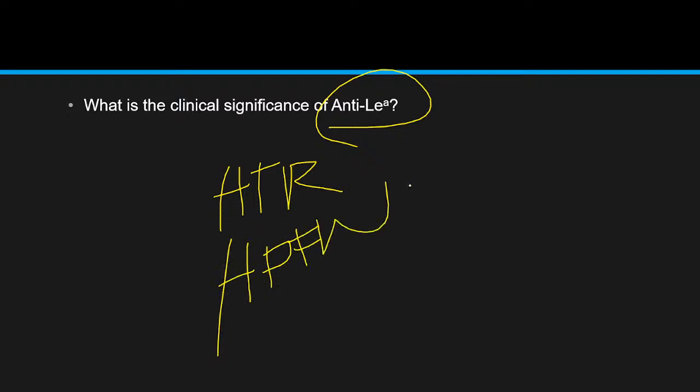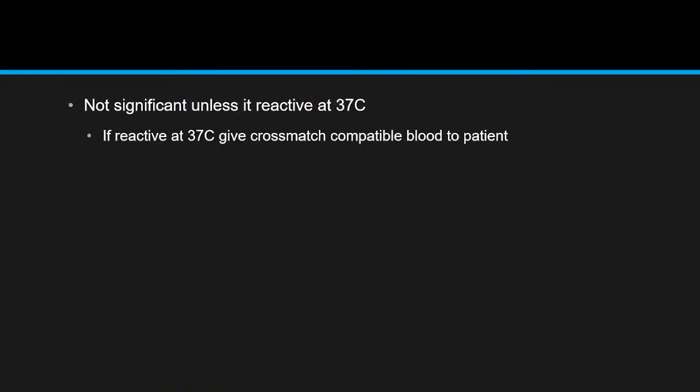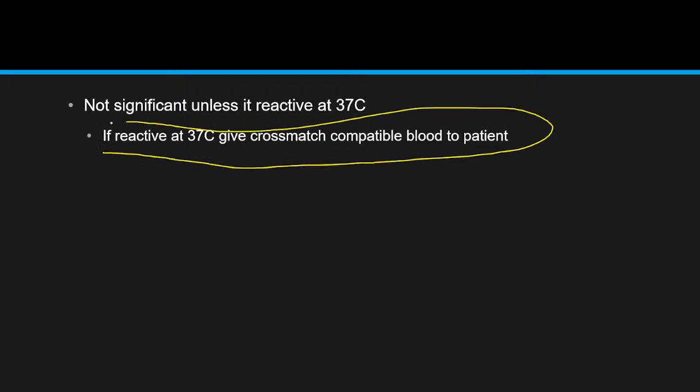Why? Because for the most part, these are reactive only at 37 degrees Celsius, and if reactive, they are only significant if they are reactive at 37 degrees Celsius. But as I mentioned before, they are of the IgM class.